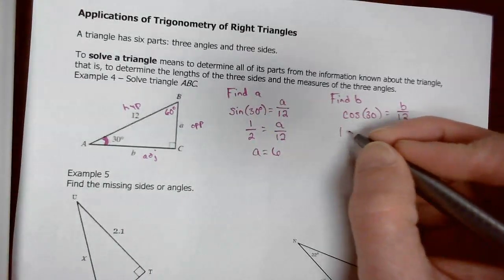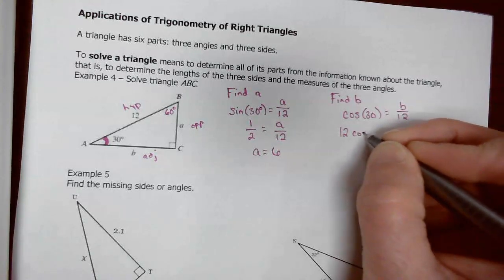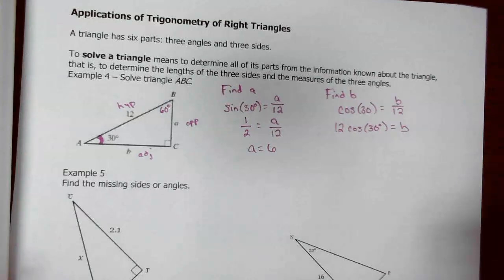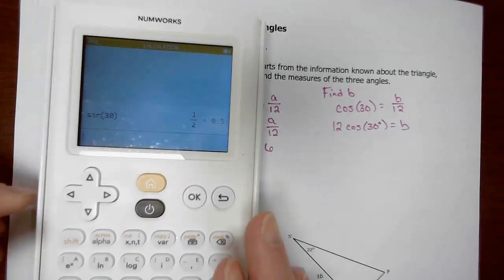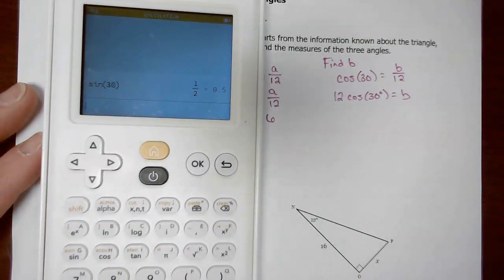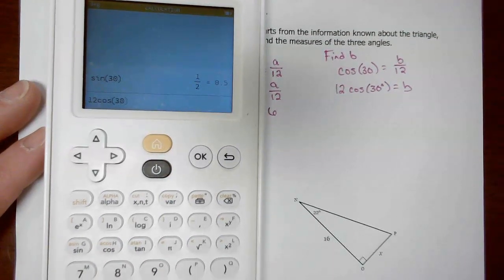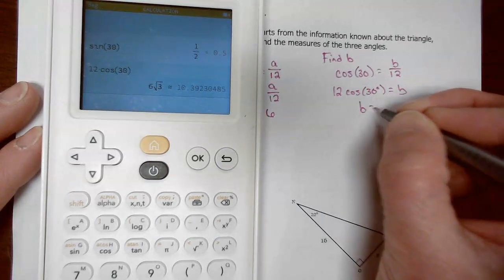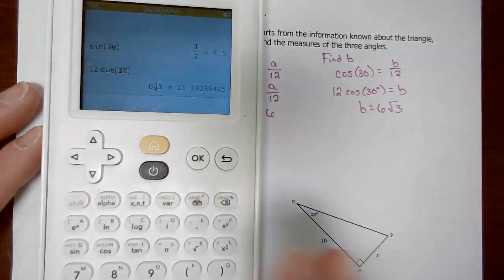Now I could multiply both sides by 12 right here, so I only have to do one step in the calculator: 12 times cosine of 30. And notice every time I hit sine or cosine, it automatically opens the parentheses. It needs an angle. And B is 6 square root of 3.